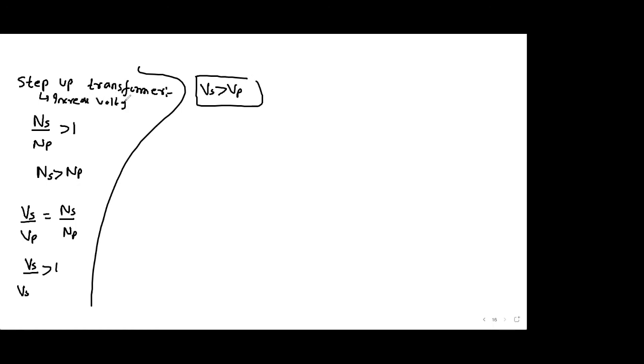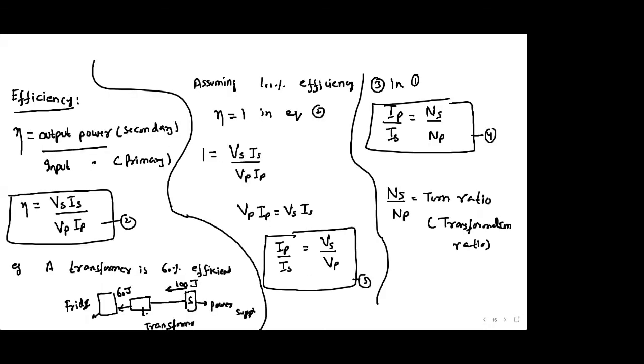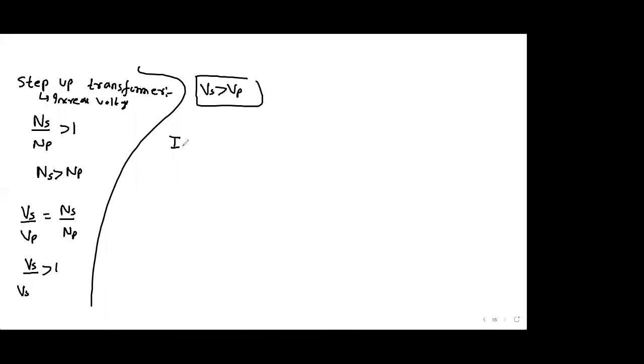But you can see while increasing voltage, it will decrease current. If I take the equation of current, Ip by Is is Ns by Np.